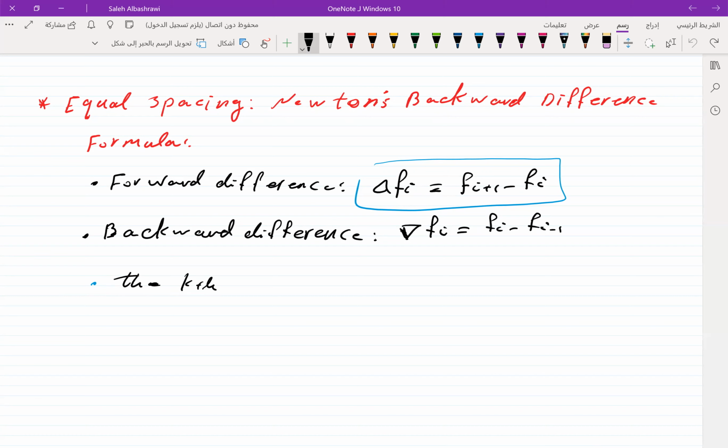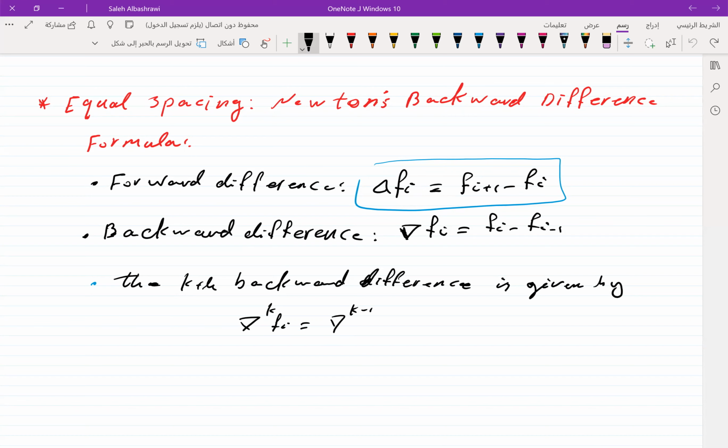The general form for the backward difference is given by nabla^k f_i equal to nabla^(k-1) f_i minus nabla^(k-1) f_{i-1}.